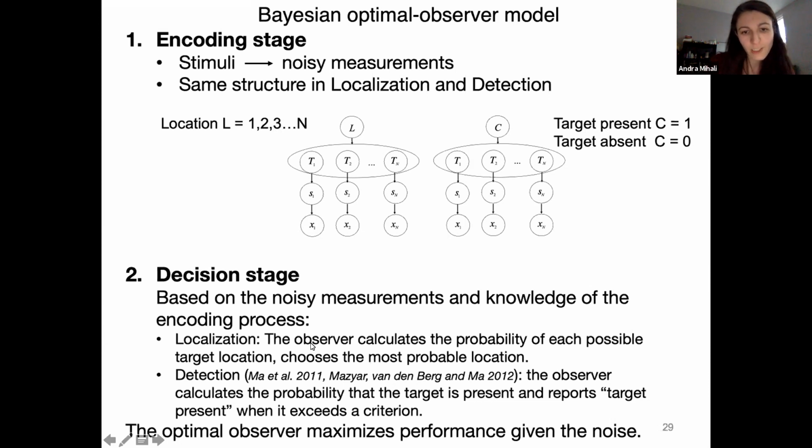In localization, the observer calculates the probability of each possible target location and chooses the most probable target location. So it's essentially some form of max rule. In the case of detection, the observer calculates the probability that the target is present and reports target presence when this exceeds the criterion. And the optimal observer is assumed to maximize performance given the noise.